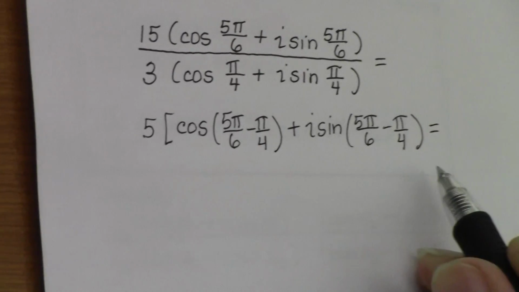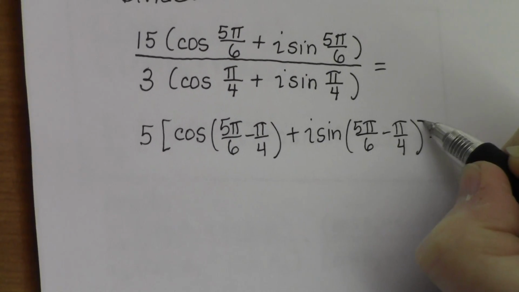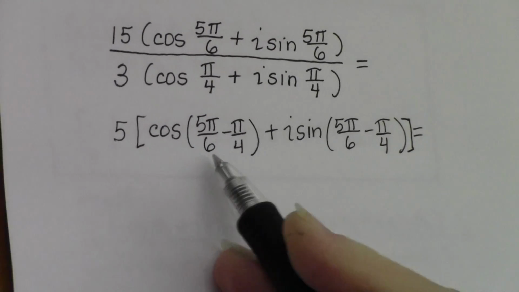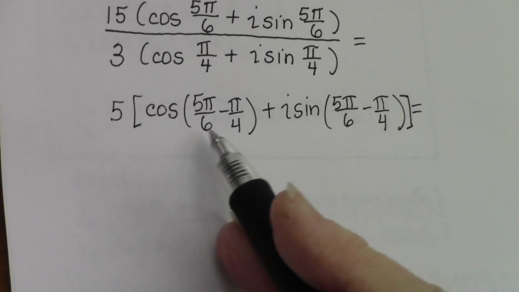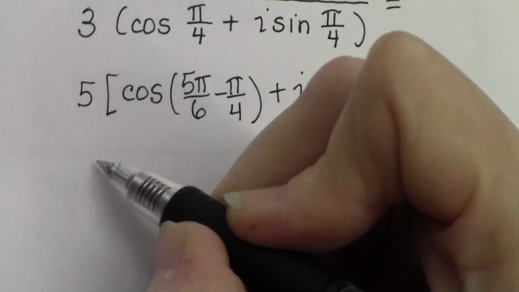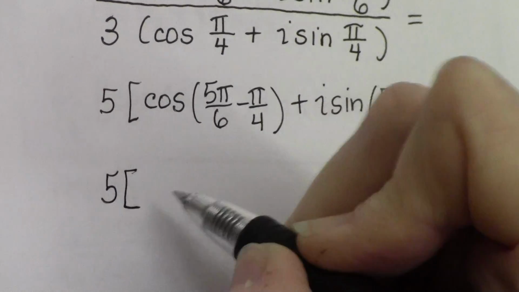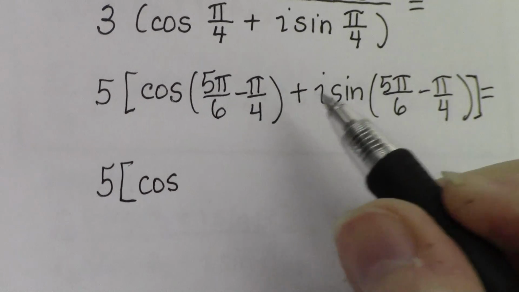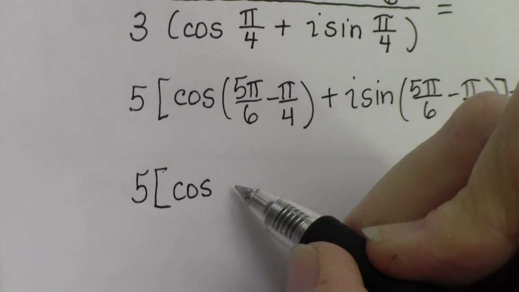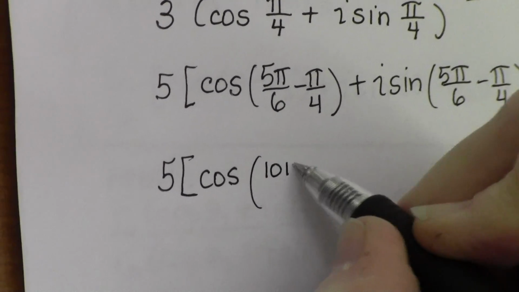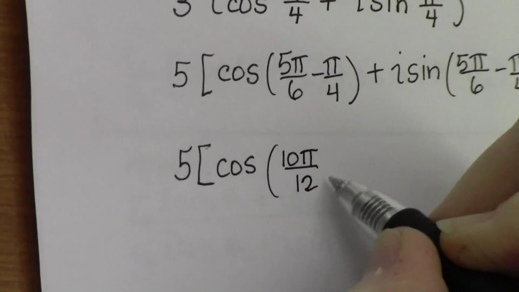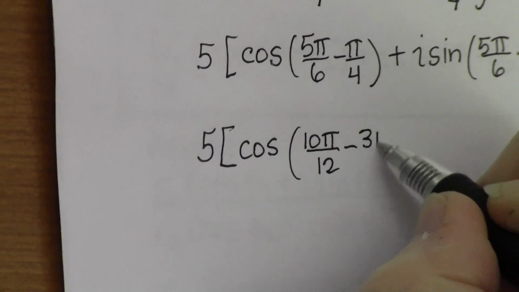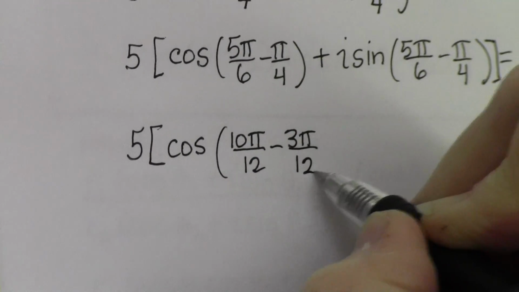Okay, so really that's it. I need my little closing bracket. And all we have to do is subtract our fractions. So we have a common denominator of 12. Both of these go into 12. So it's going to be 10 pi over 12 minus 3 pi over 12.